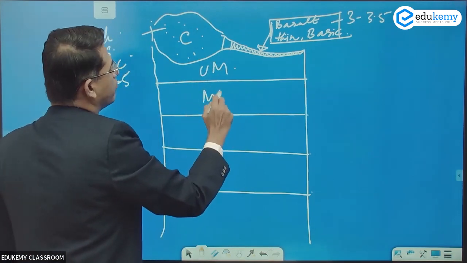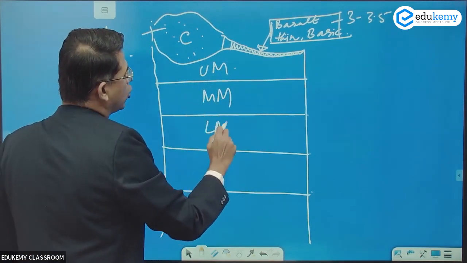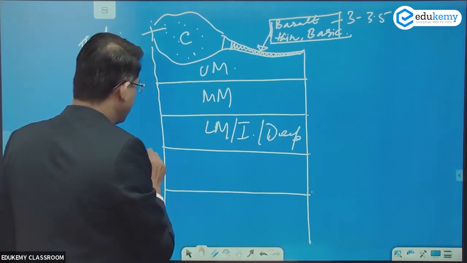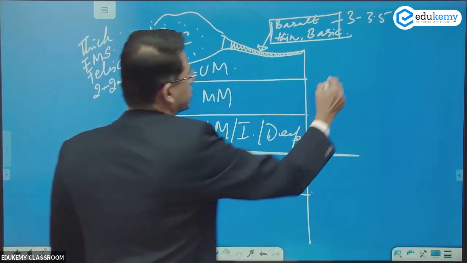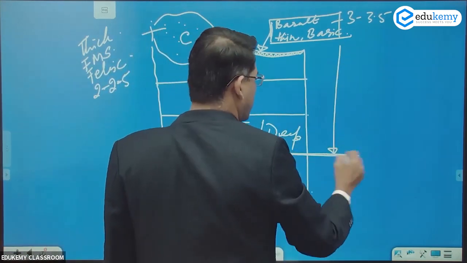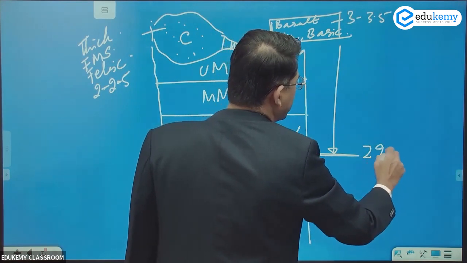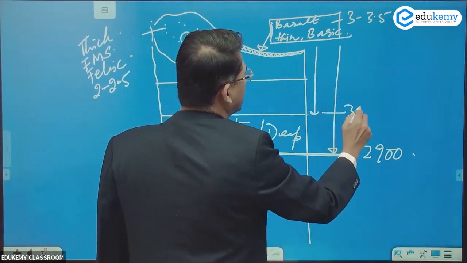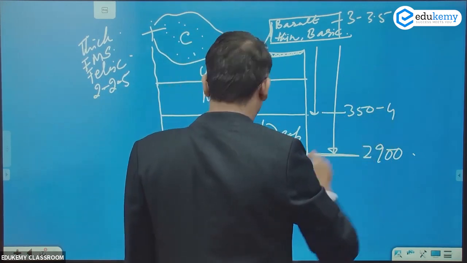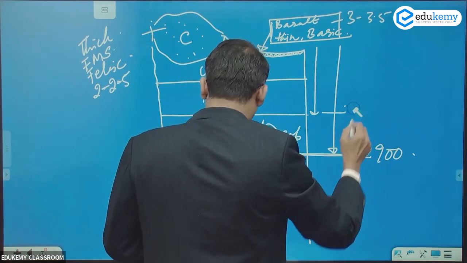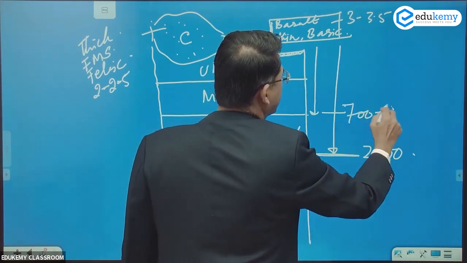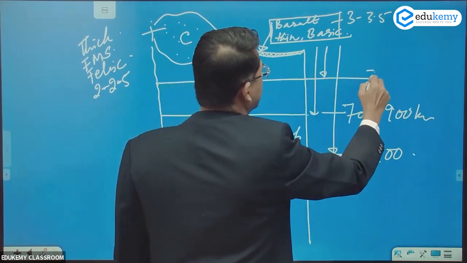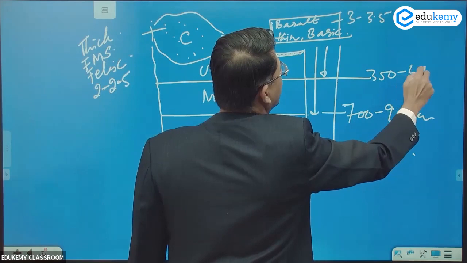This is the middle mantle. This is the lower mantle or the inner mantle or the deep mantle. The deep mantle ends approximately at 2900 kilometers. The middle mantle goes to a depth of around 700 to 900 kilometers from the surface, and the upper mantle is around 350 to 400.